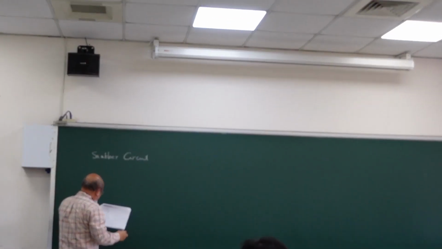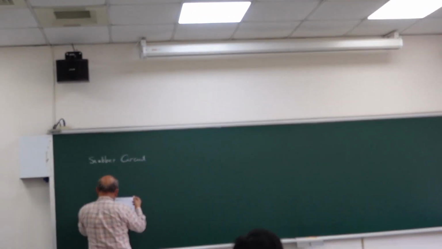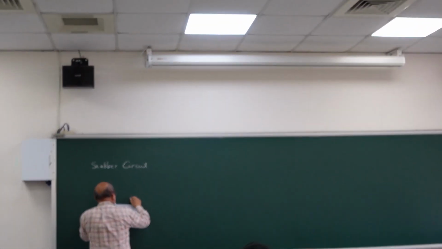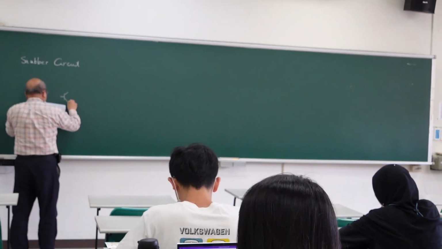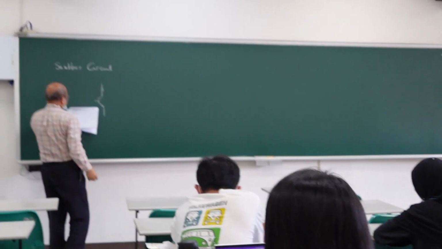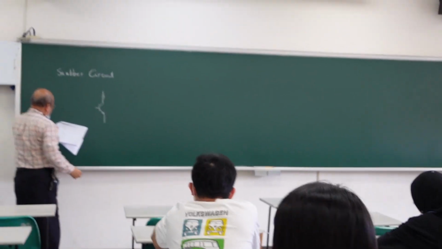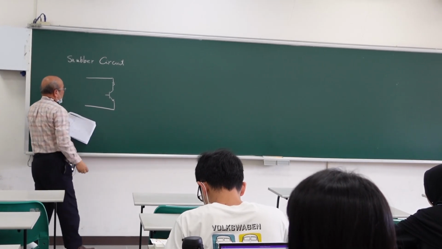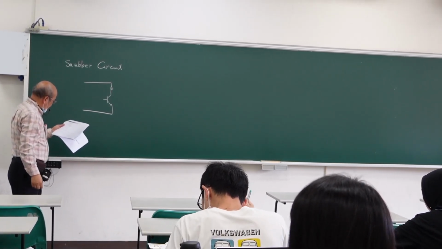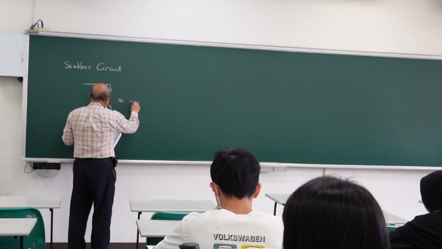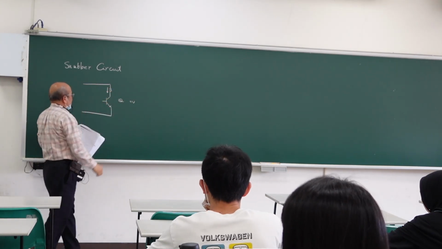So if we have an inverter or a switch, then we have a very simple control switch, and we have input. If Q is on, then we have constant current here.